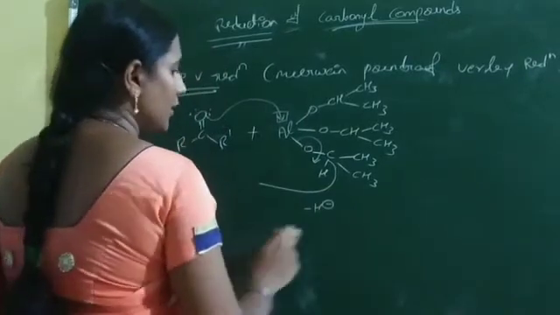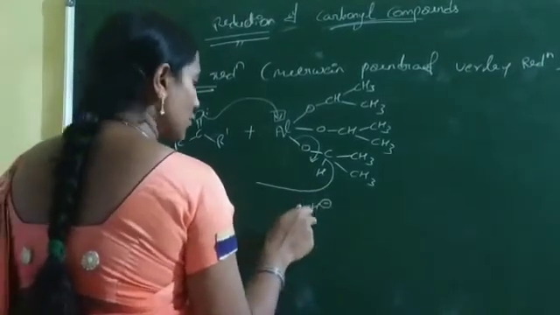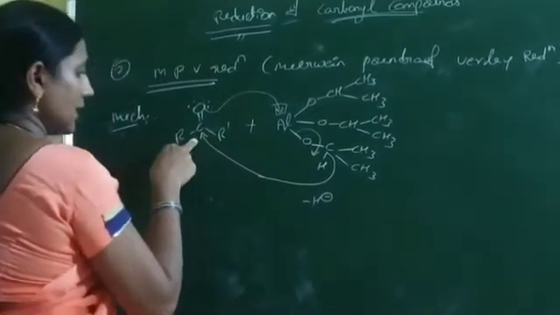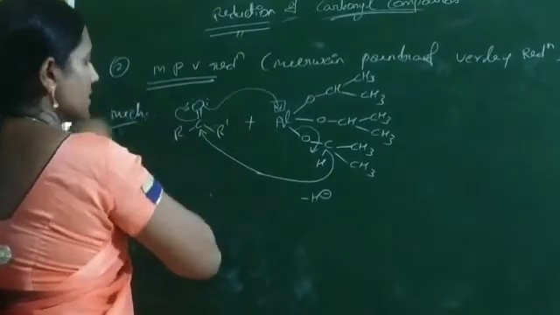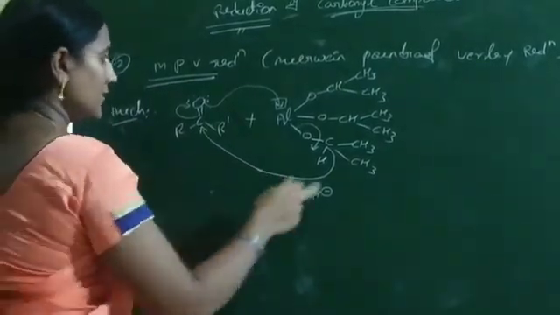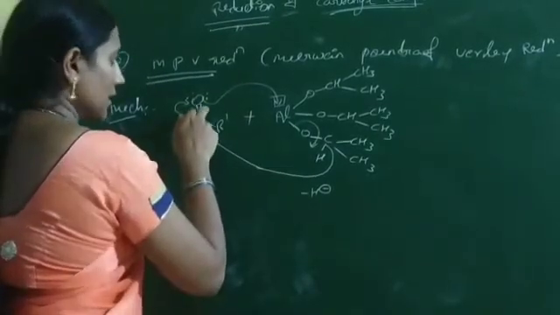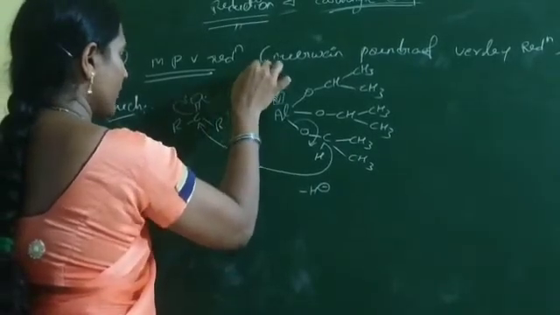Then the CH bond shifts to carbon with the formation of hydride ion. You know that hydride ion acts as a nucleophile. This nucleophile directly adds at the partially positive carbon atom. Immediately the double bond shifts to the oxygen side. Now these are involved in a cyclic mechanism. Again, a new bond is formed between oxygen and aluminium. This is the first step.